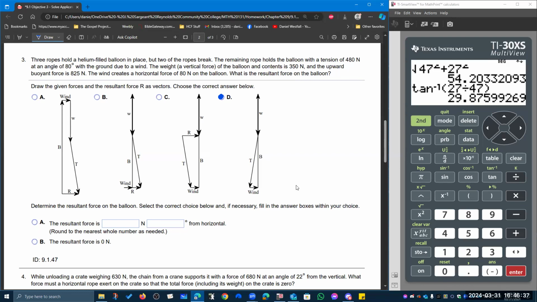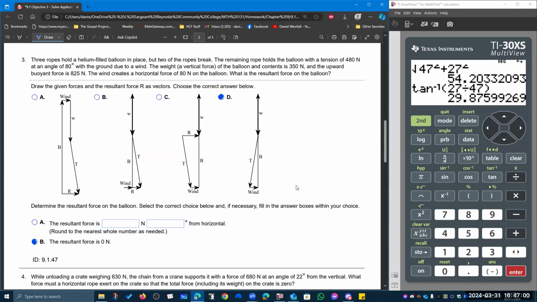When we've put all these forces together on our force diagram, and they tell you that if your force diagram makes a closed loop like this, then the resultant is 0, because what's going to happen is when I take the wind and the buoyancy, I get the resultant is equal and opposite to the tension.